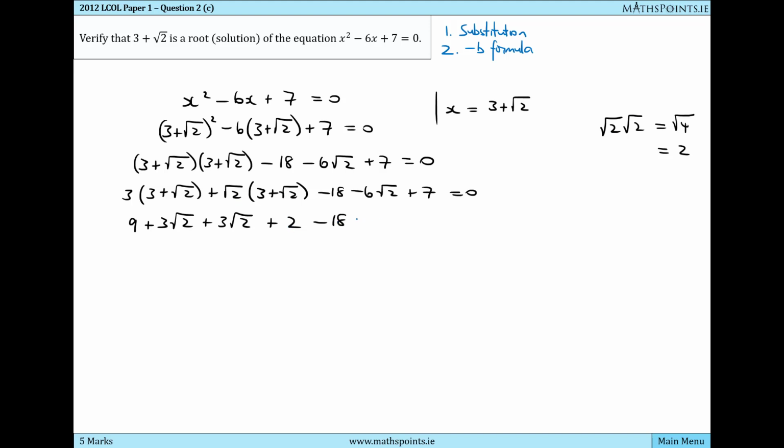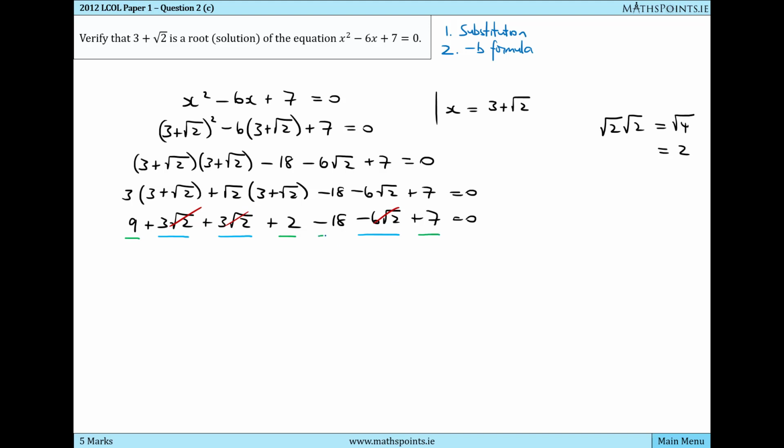Minus 18 minus 6 root 2 plus 7 equals 0. 3 root 2 plus 3 root 2 is 6 root 2. And 6 root 2 minus 6 root 2 is 0. And so they all cancel. If we take a look at the numbers, well, we have 9 plus 2 is 11 plus 7 is 18.